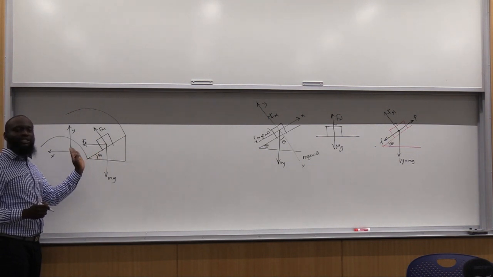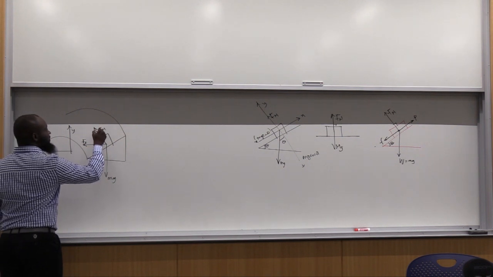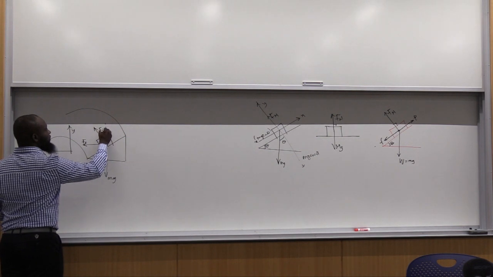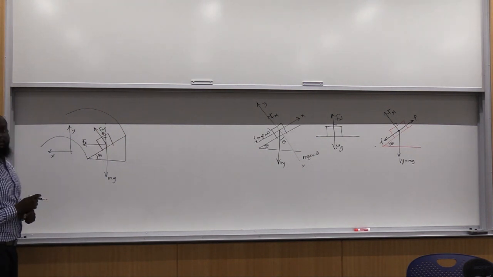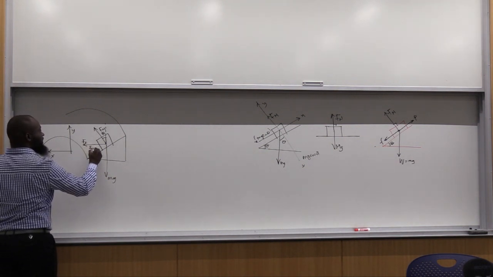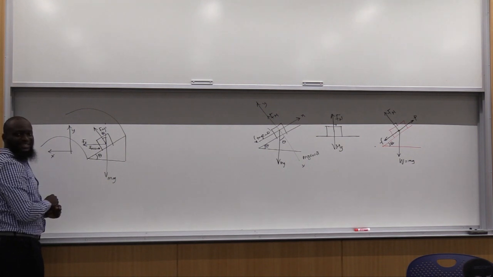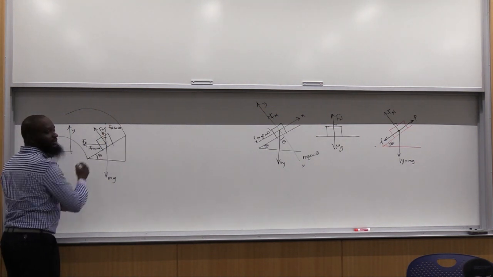But what is causing that centripetal force is two things. If I complete this guy here, let me put this here. So here is also theta. Is that okay? So I have Fn sine theta, normal force sine theta, coming here. And normal force cosine theta going up.